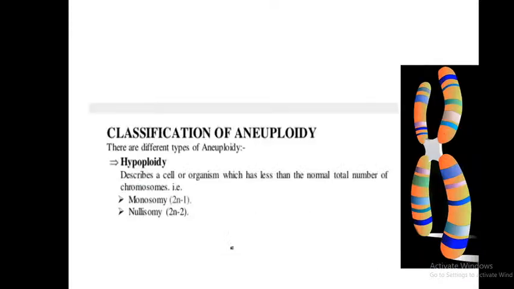Now let's see how this is happening. When a gamete containing an extra chromosome, usually we represent a diploid individual by 2n. In human beings we have 46 chromosomes or 23 pairs of chromosomes, in which 22 are autosomes and 1 pair of sex chromosomes or allosomes.